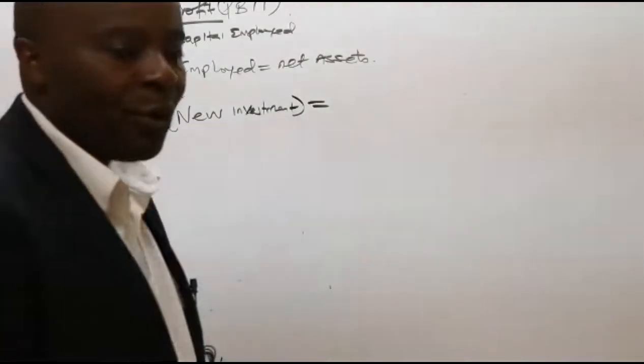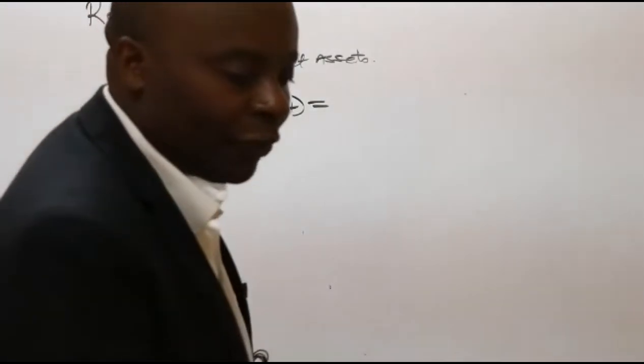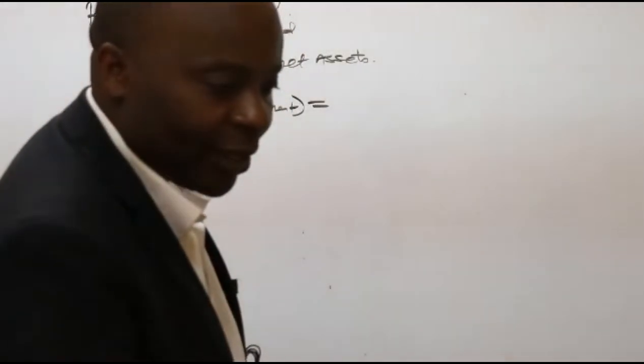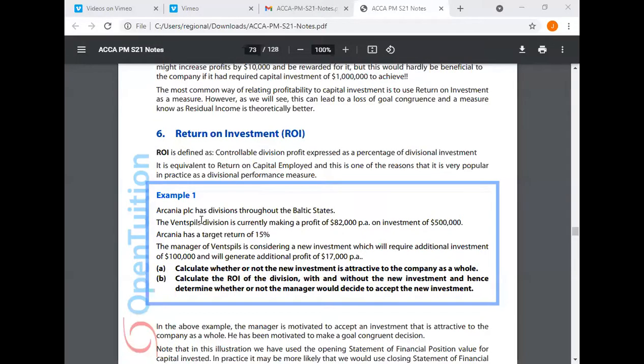So is there anybody who is able, ladies and gentlemen, to get information about this new investment? Yes. So they're telling us that Vent Seals division is currently making a profit of 82 on an investment of 500,000. Kenya has a target return of 15%. The manager of Vent Seals is considering a new investment, which will require an investment of 100,000 additional and will generate additional profits of 17,000.